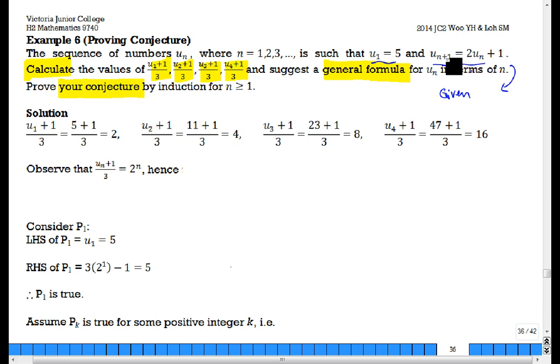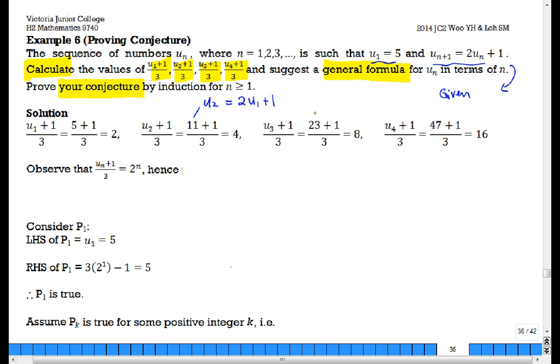What is U2? U2, you read here. U2 is 2 times U1 plus 1. Correct? 2 times 5 plus 1 is 11. So this is U2. How do we get U2? U2 is 2U1 plus 1. Can? Need me to elaborate? Can? So this is U2.